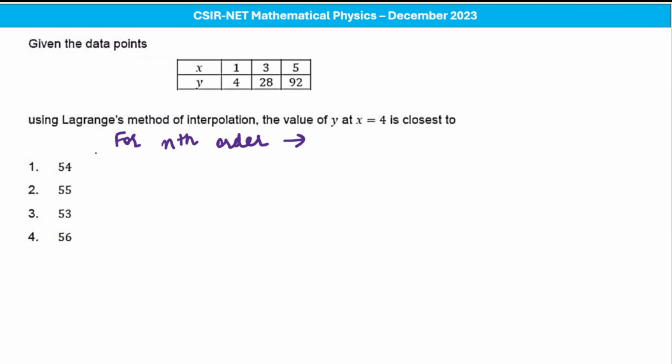we have the formula f of x is equal to x minus x1. So these x in f of x are x naught, x1 and x2, and the values are f of x naught, f of x1 and f of x2.